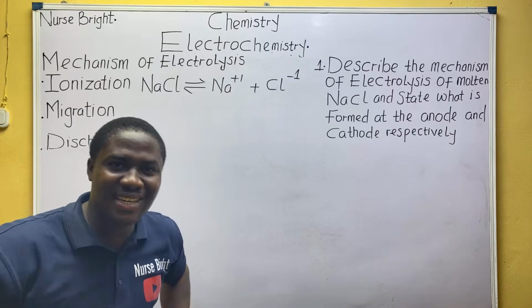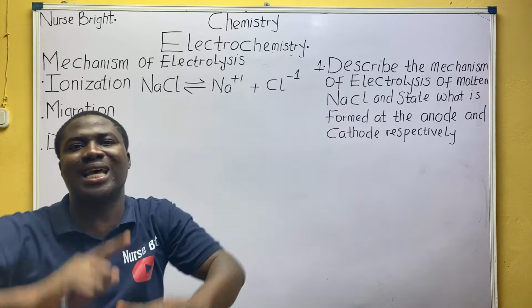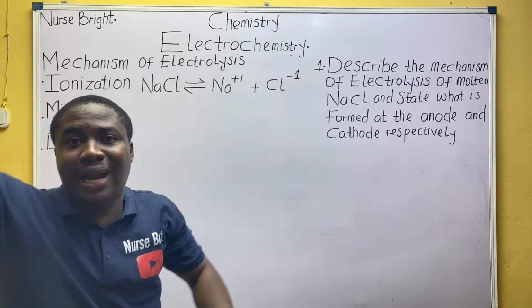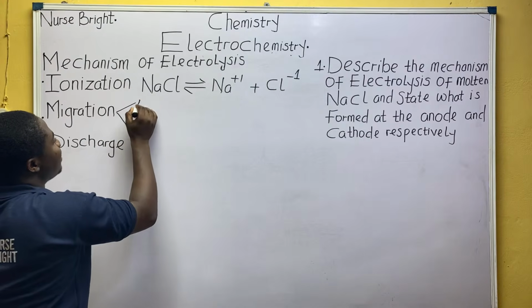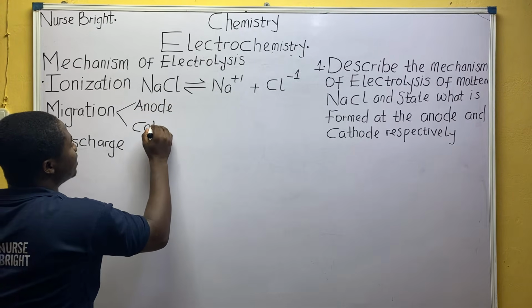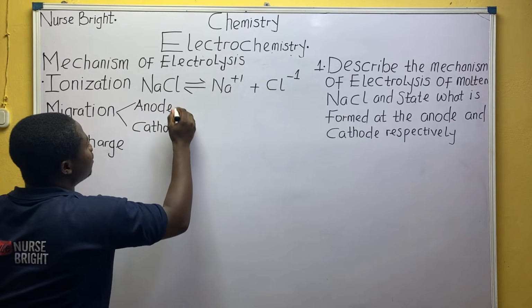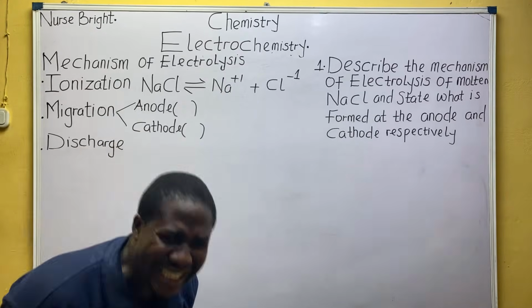They are migrating to the terminals, which are anodes and cathodes. So in migration, we have two terminals, anodes and cathodes. Class, which cell are we talking about here? We are discussing the electrolytic cell.